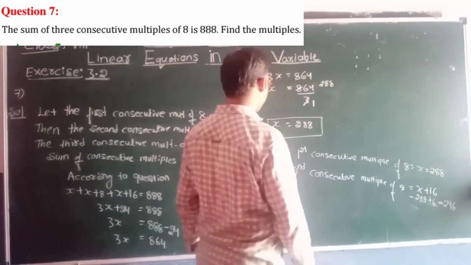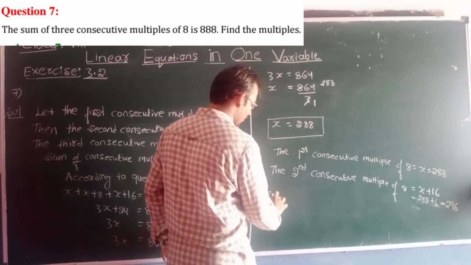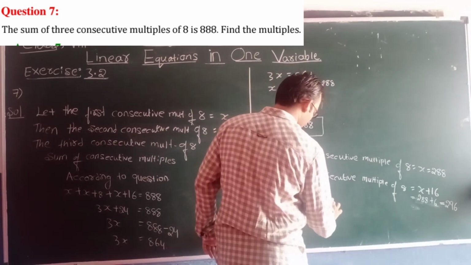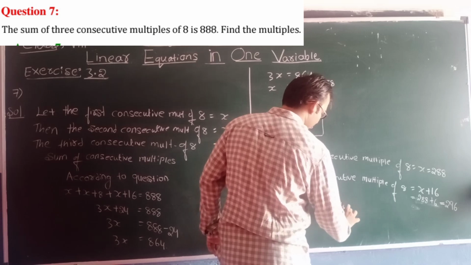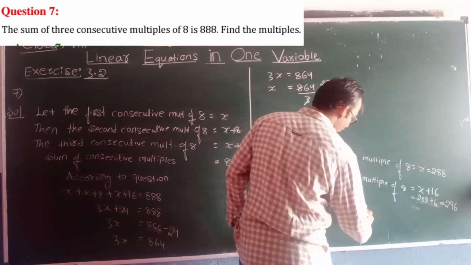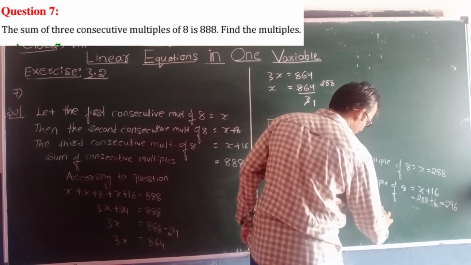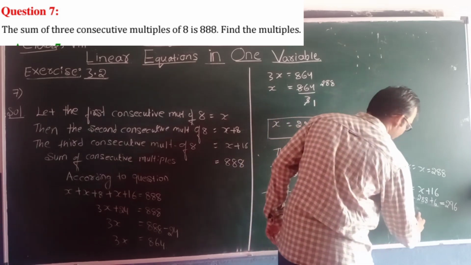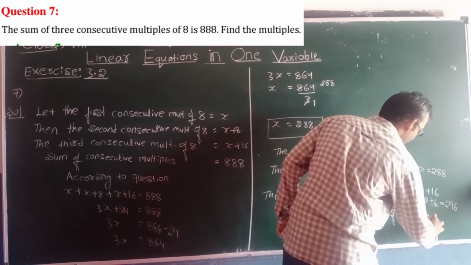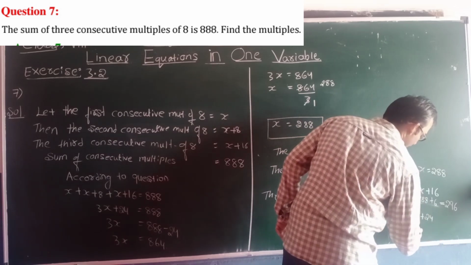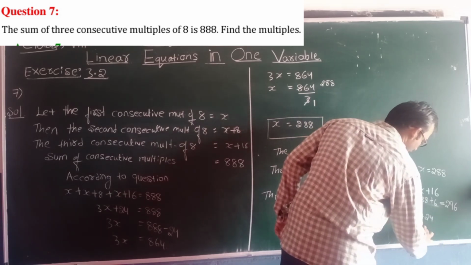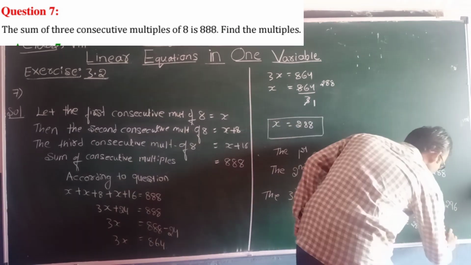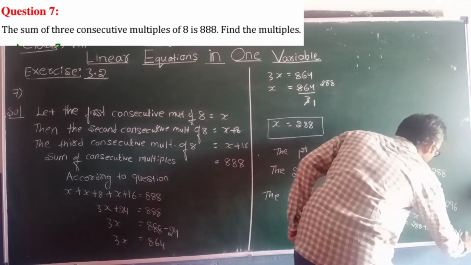So here the third consecutive multiple of 8 equals x plus 16, that is 288 plus 16 equals 304. Look here, students.